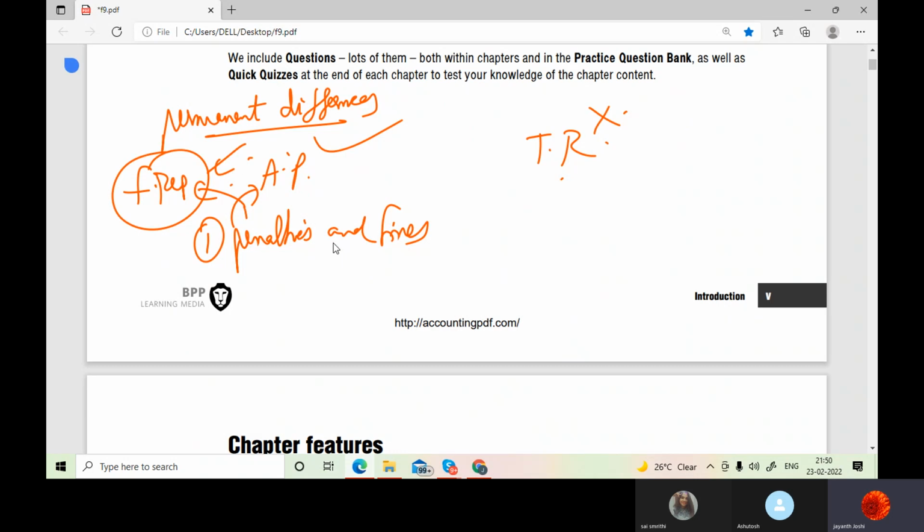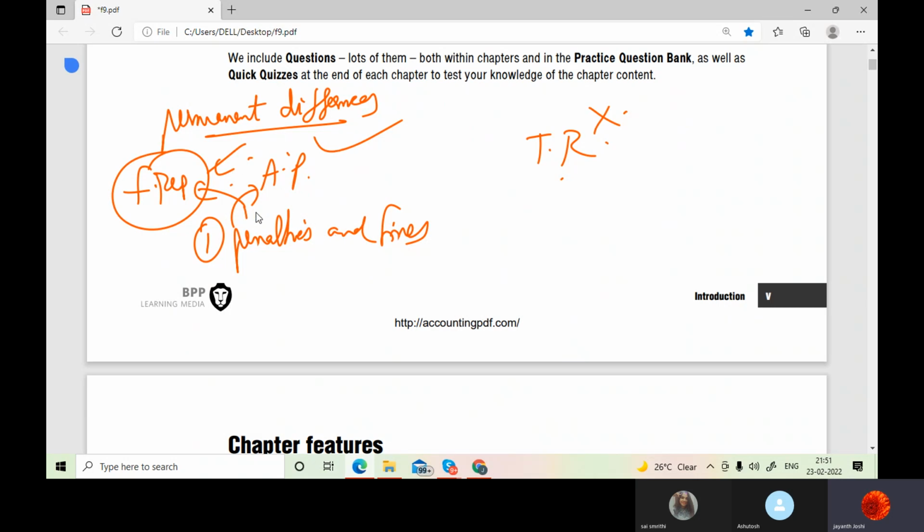You'd break the law. Suppose a company's employee is coming in a car, and because of over speeding, fines are levied. It's a vicarious liability for the company. The employee is using the company's car, so the company has to pay that fine.